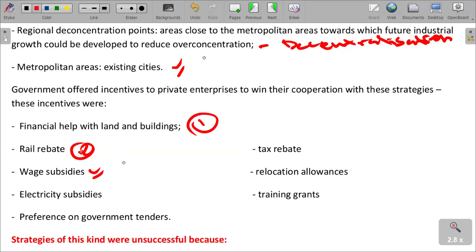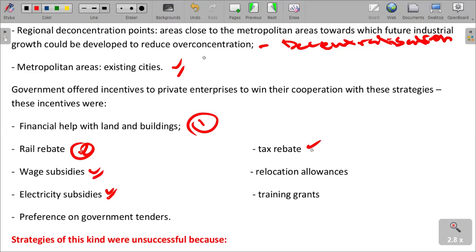Electricity subsidies, I think even up to now we still have them, where in certain places people do not pay the exact tariff units. People buy electricity, but it is a bit cheaper than in other areas.